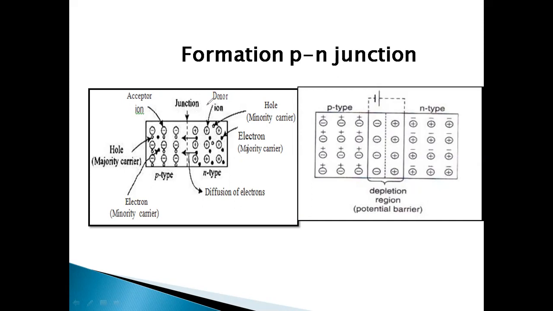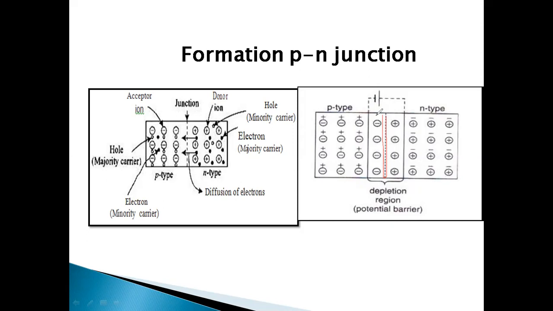Now, these two materials are brought in contact at the boundary surface area. On both sides, you may have one plus, one minus. These opposite kinds of charges get attracted and neutralized.